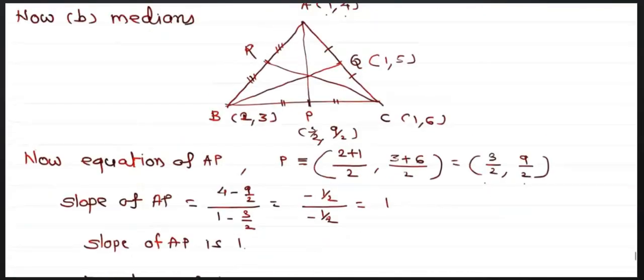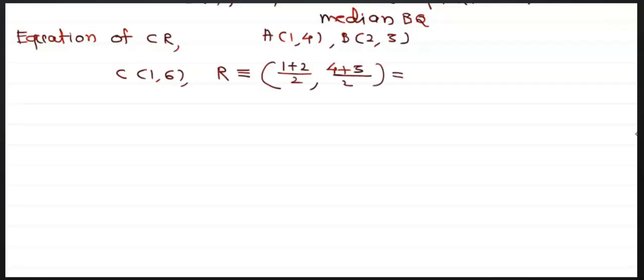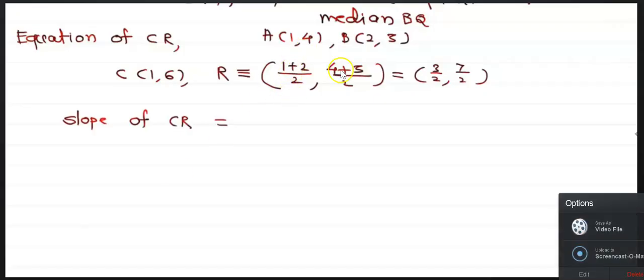Now the median CR. R is the midpoint of AB. The point A is (1, 4) and B is (2, 3). That is 1 plus 2 upon 2, 4 plus 3 upon 2, that is 3 by 2, 7 by 2.